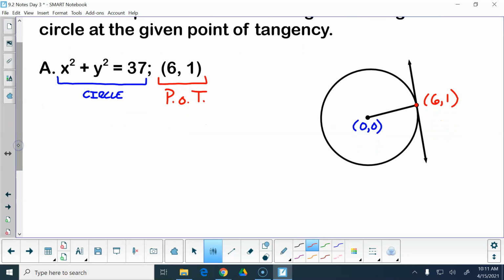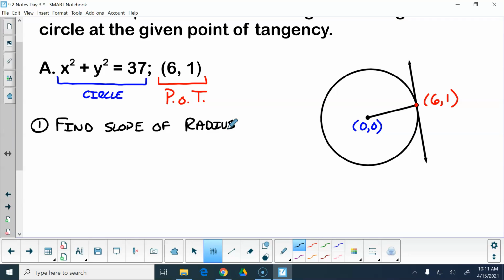So the first thing that we're going to do is find the slope of the radius. What is slope? Rise over run, or subtract the y's over subtract the x's.